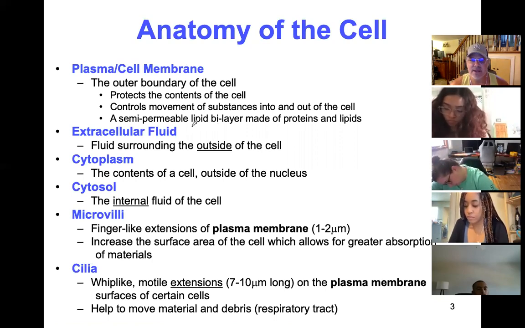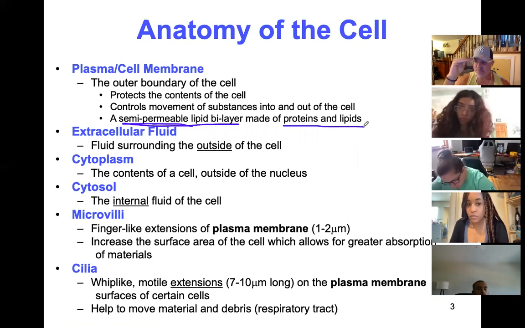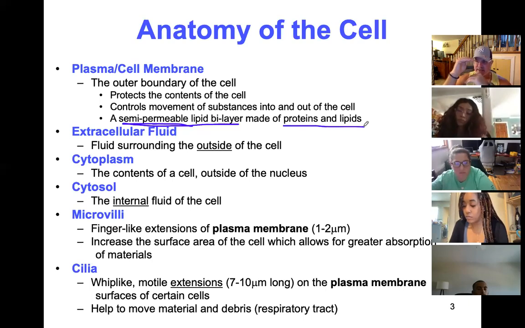We see here it's a permeable or semi-permeable lipid bilayer made of proteins and lipids, but we call it a phospholipid bilayer. The outer part of the cell is hydrophilic. The inside part of the cell is hydrophilic.